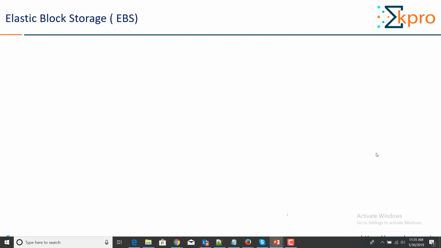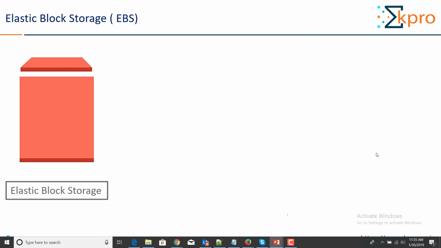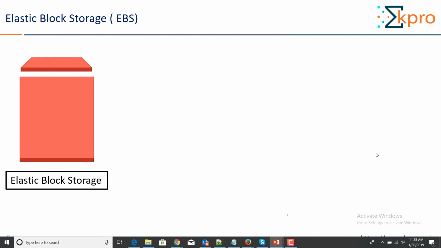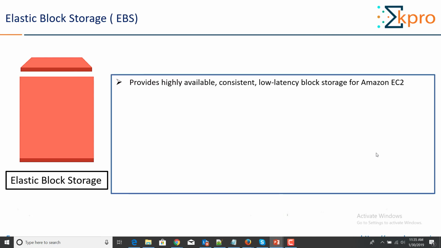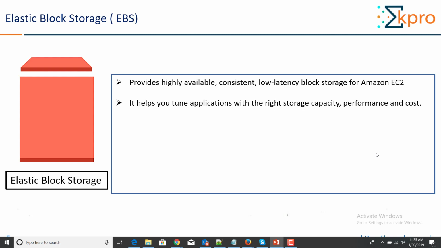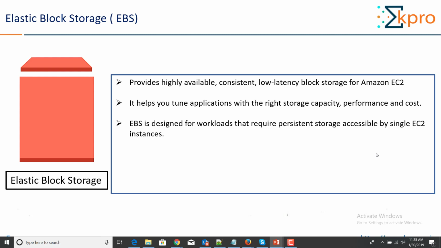The next service is Elastic Block Storage. Elastic Block Storage is a kind of volume storage, and it provides highly available, consistent, low latency block storage for Amazon EC2. It helps you tune applications with the right storage capacity, performance and cost. EBS is designed for workloads that require persistent storage accessible by a single EC2 instance.